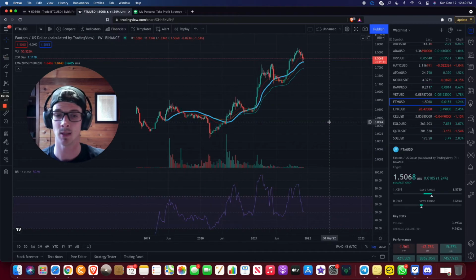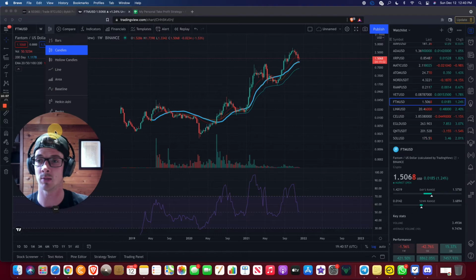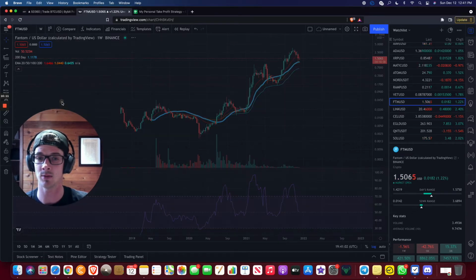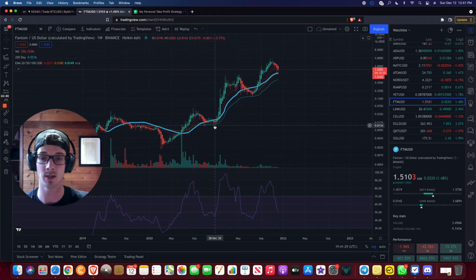Let's take a look at another trick that you can use. Sometimes it's easy to see the impulse moves up and the impulse moves down simply by switching to log, but another way you can do this is by switching to candles called Heikin Ashi candles. Once we switch to these Heikin Ashi candles, you can see that we have a very clear impulse move up, a very clear retracement, and that helps us to draw out our Fib extensions.